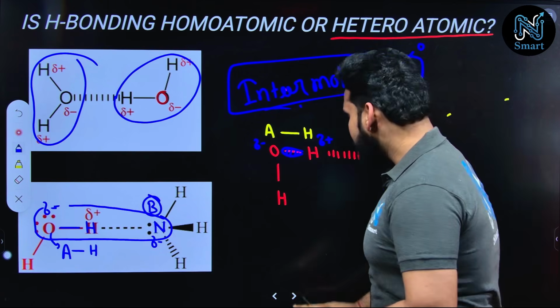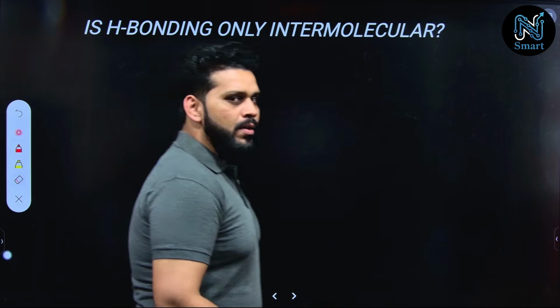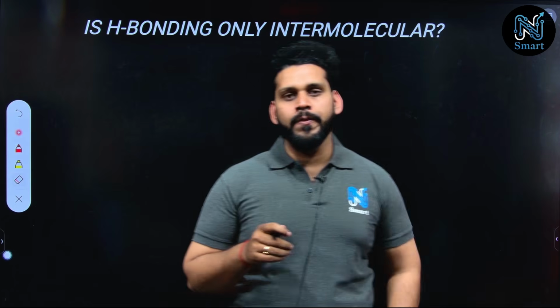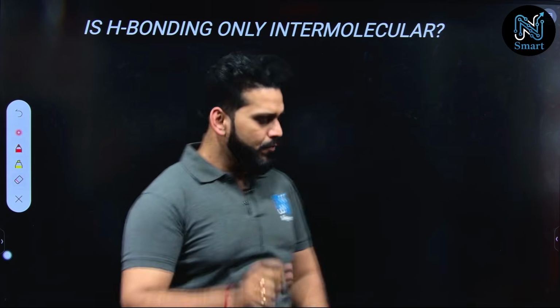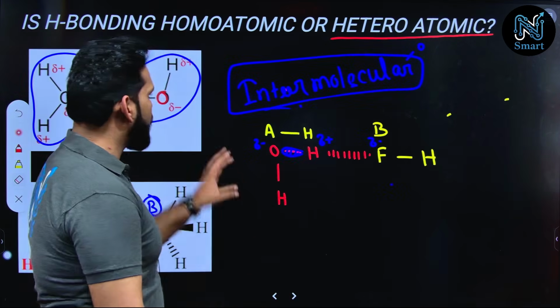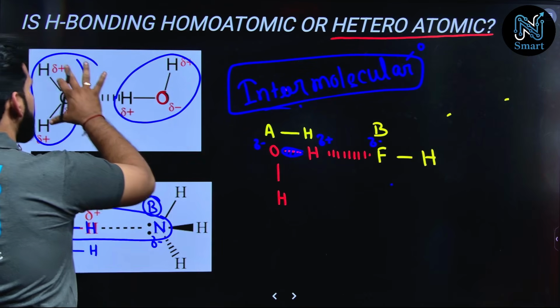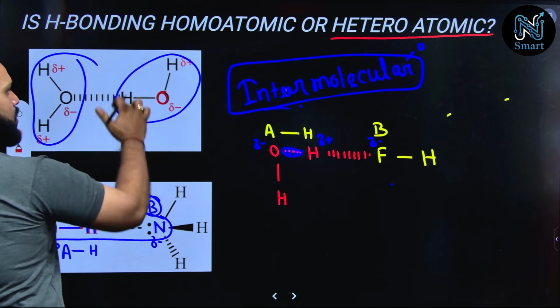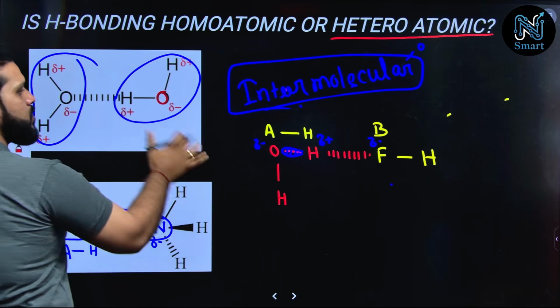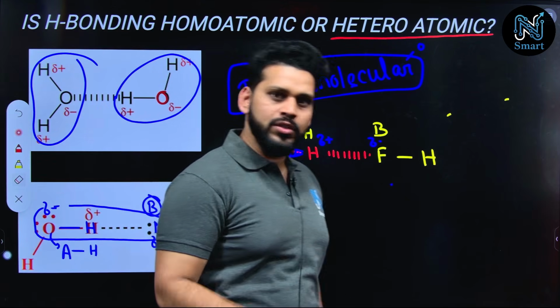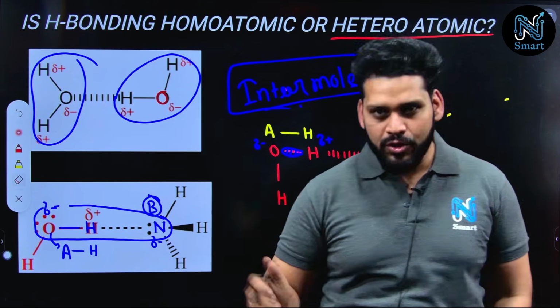If you remember, in the beginning of the class I told you that hydrogen bonding is between two molecules. Here, this water is one molecule and this water is another molecule, and between two molecules this hydrogen bonding is happening. So this is going to be called intermolecular hydrogen bonding.